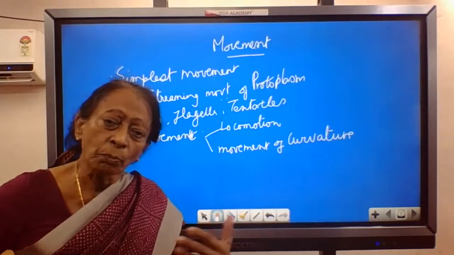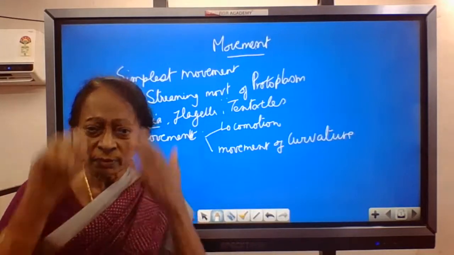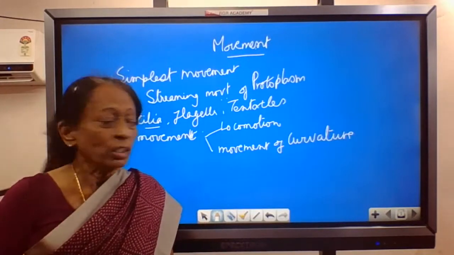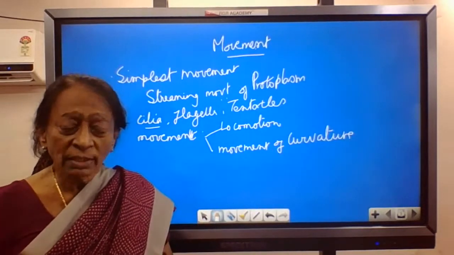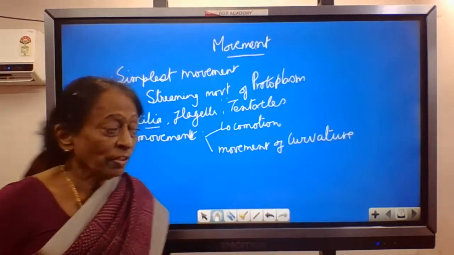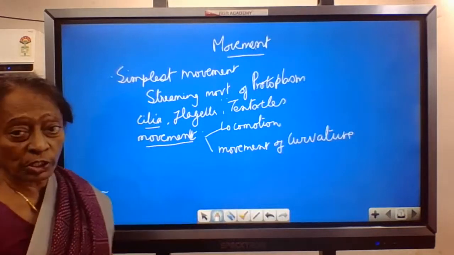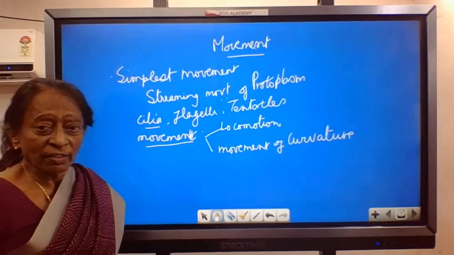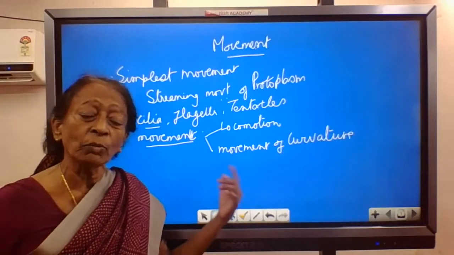My body does not move from place to place, but there is a movement in a part of the body from the main axis. This kind of movement you call a movement of curvature. So, what is locomotion? Shifting from its position. That is called locomotion. When you talk about movement, all movements need not produce locomotion. When I'm moving from here to here, that's locomotion. When I'm moving my hand, it will be a movement of curvature.